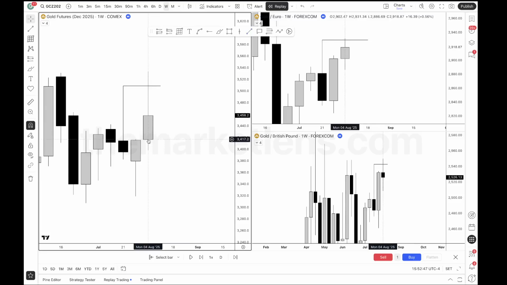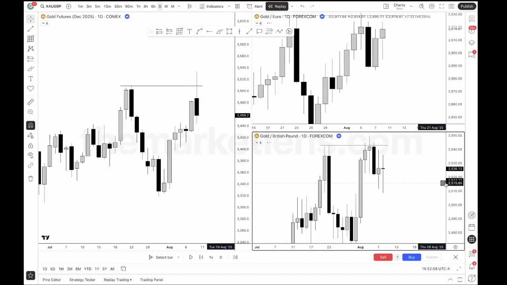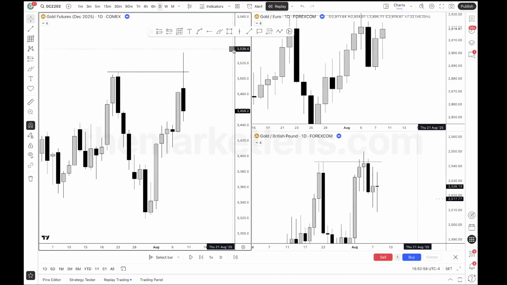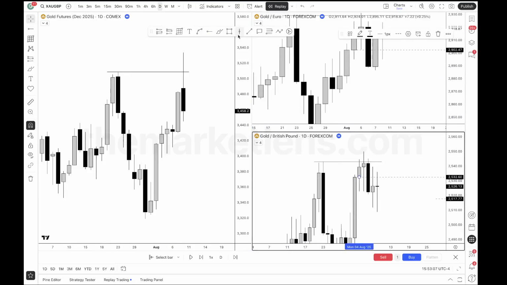Look how far away its opening price is from this high. Look how close it is on Euro and GBP. Let's mark out the opening price on all the candles. Here's the weekly open, here's the weekly open, and here's the weekly open over here.